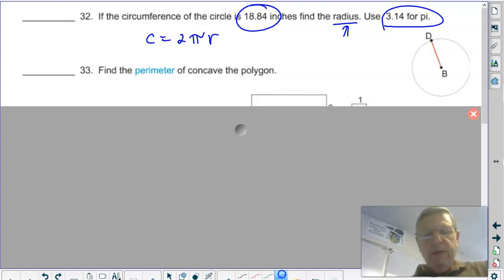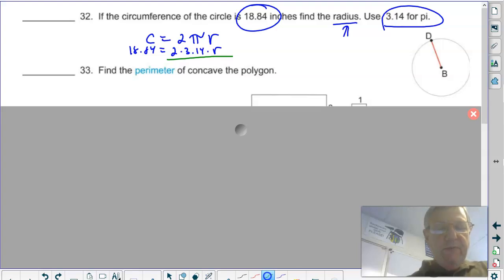And I'm just going to sub in circumference, 18.84 equals 2 times, they said use 3.14 for pi, times r. All right, so what's 2 times 3.14? It's 6.28. Divide both sides by 6.28.